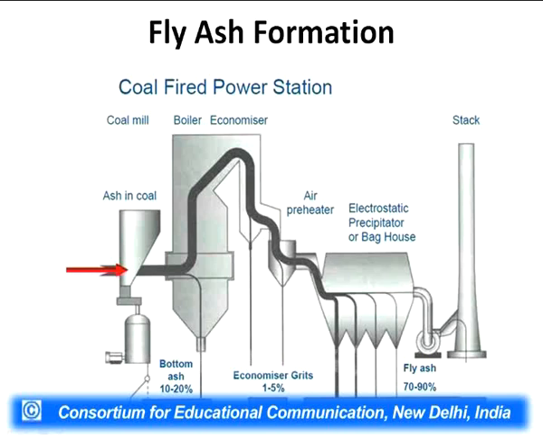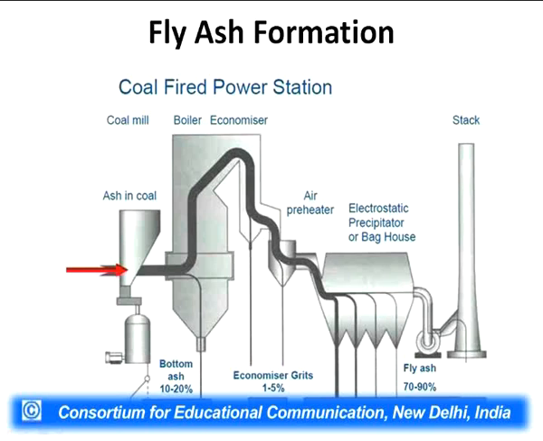Here it is worth mentioning that some of the fly ash is collected from the boiler only. These are the fly ash particles which are larger in size, so they settle there and can be collected from there. That is why it is also called bottom ash.